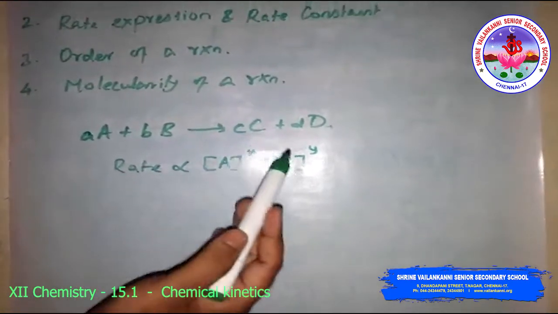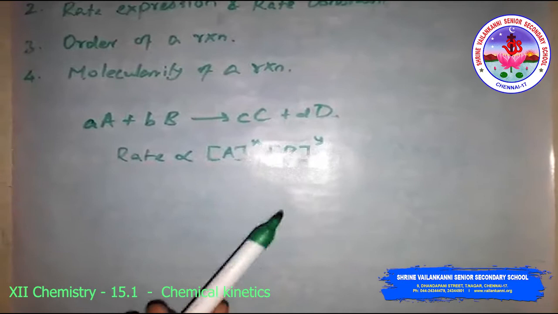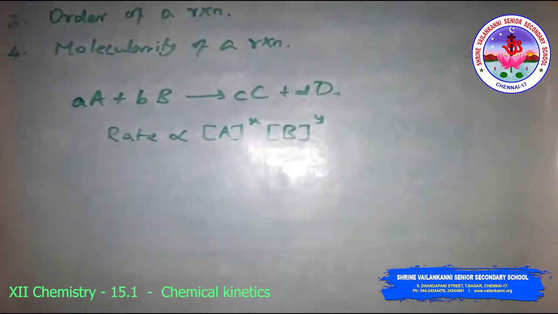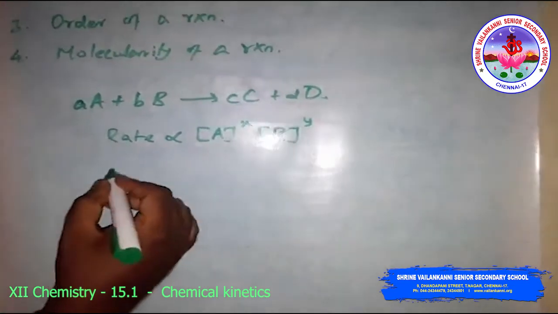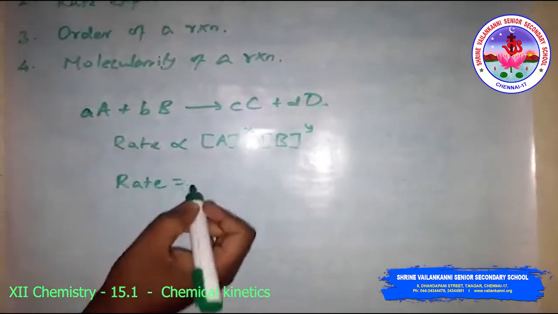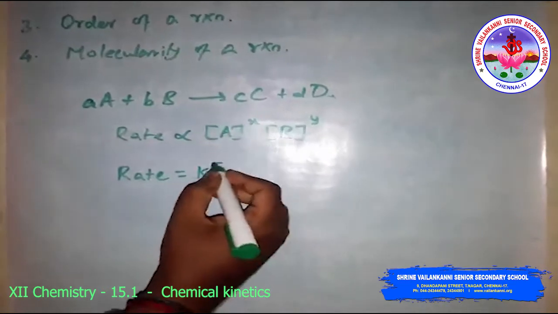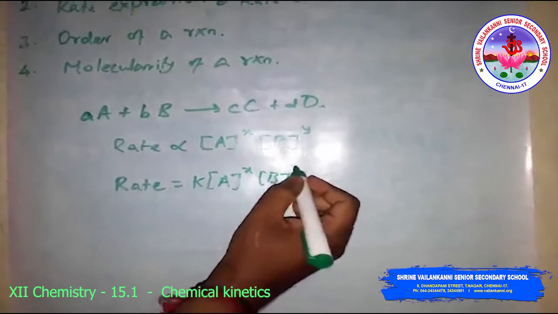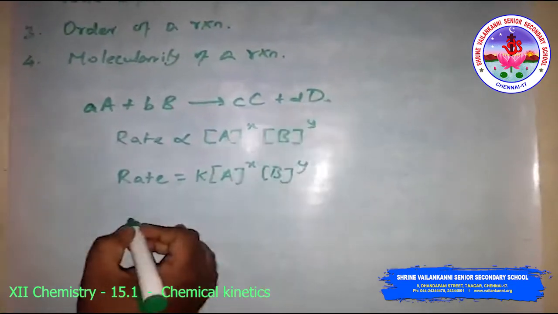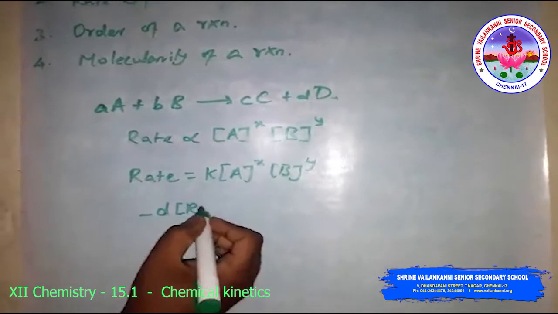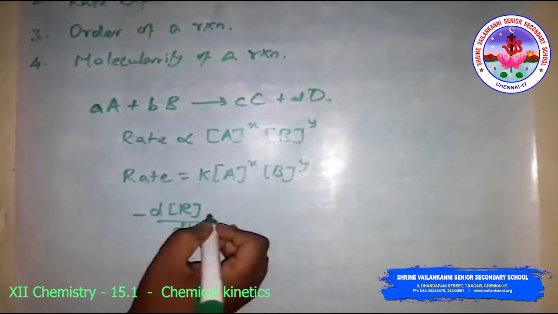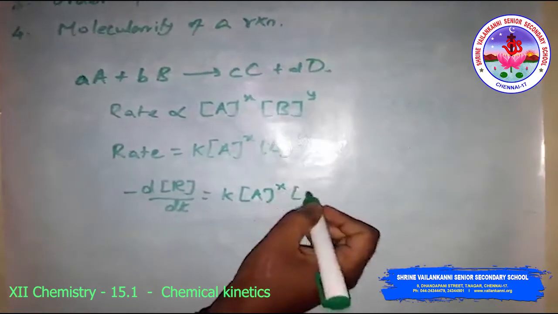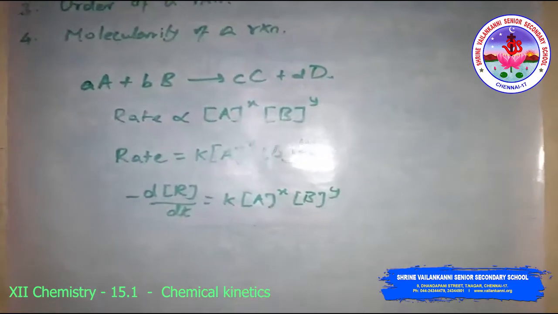Here x and y may or may not be equal to the stoichiometric coefficients of the reactants. So we can write this equation as rate is equal to k into concentration of A power x into concentration of B power y, or you can write it as minus dR by dt is equal to k into concentration of A power x into concentration of B power y.